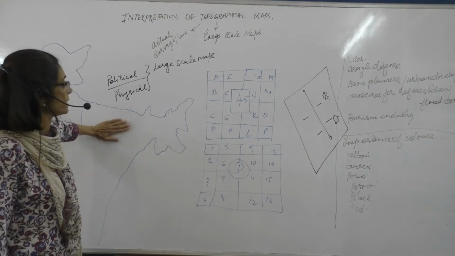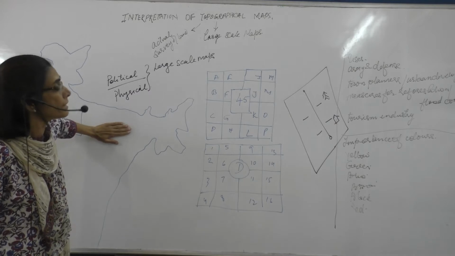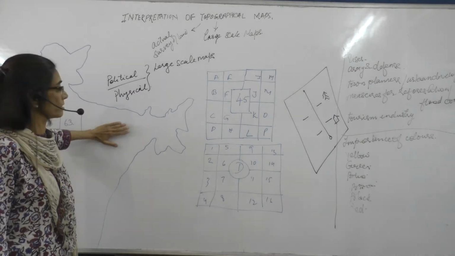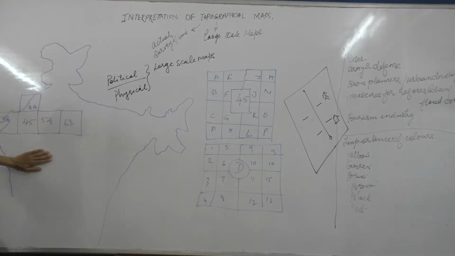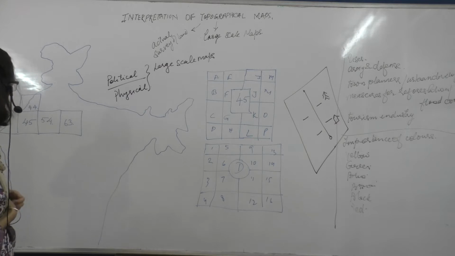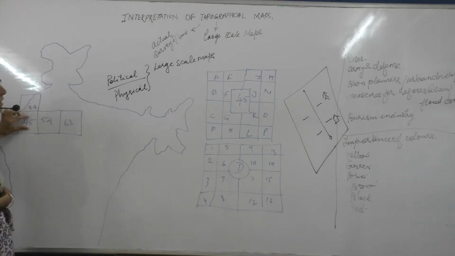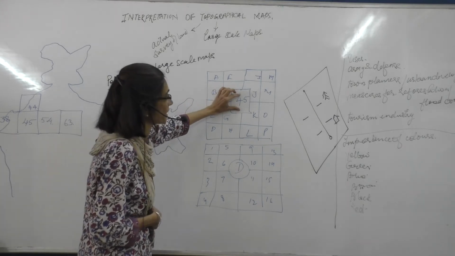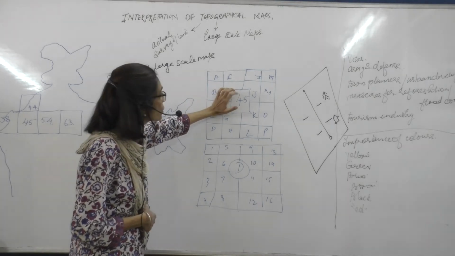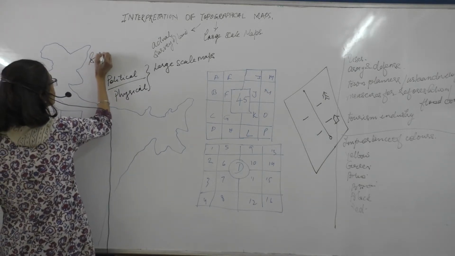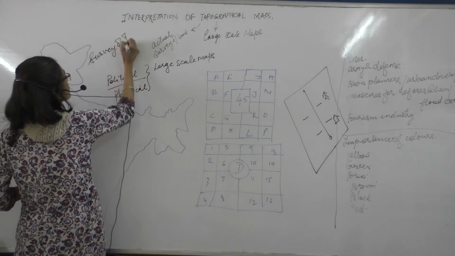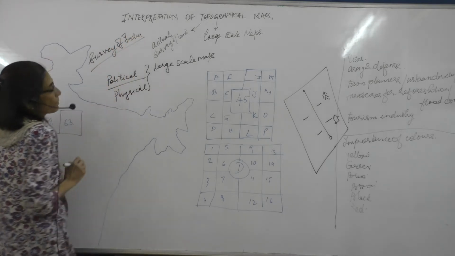When we speak about topographical maps, these were prepared right from the time of the Britishers, but they have various uses even now. The topographical maps that we use are numbered. They have a specific number on them, and we identify them with the number. The Survey of India is the organization responsible for making these maps.